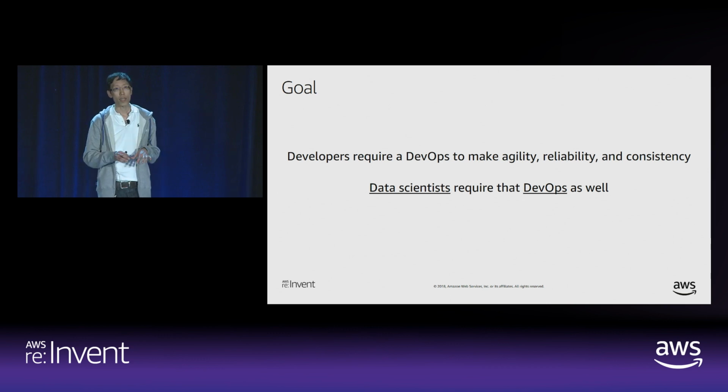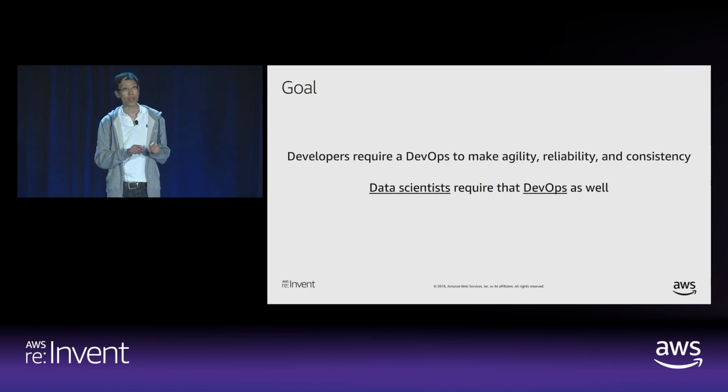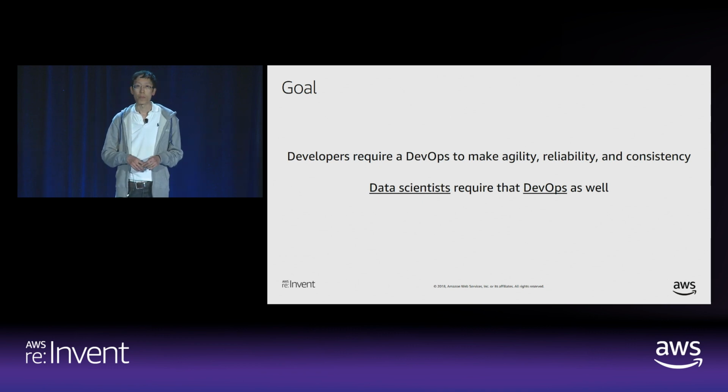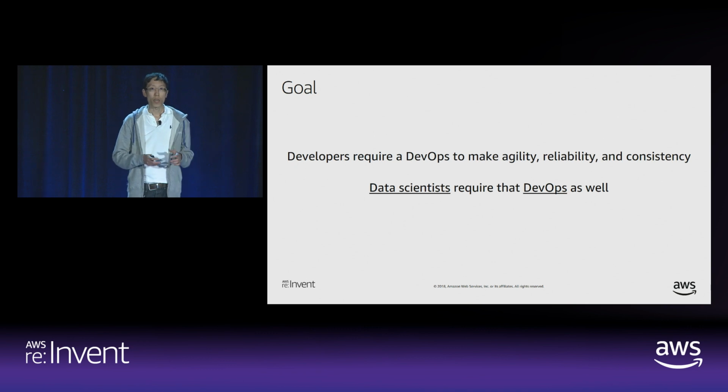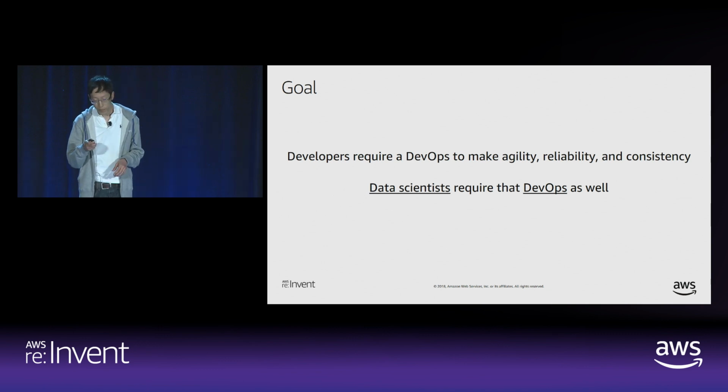Actually, data scientists are normally developers too, right? They have to write code and commit the code, and they collaborate in a team. So data scientists require DevOps too. They require CI/CD. SageMaker is a tool for data scientists, so how can we integrate SageMaker into the data scientists' workflow? Let's begin with CI/CD.